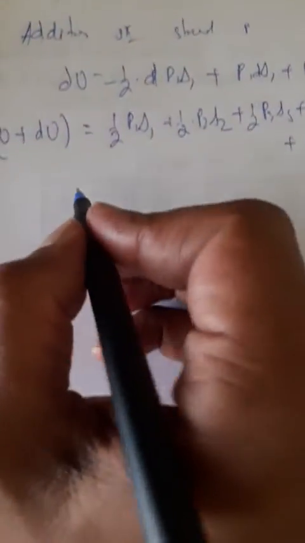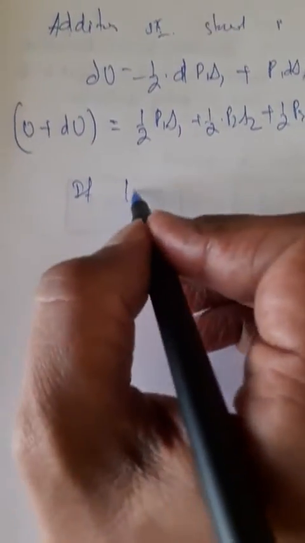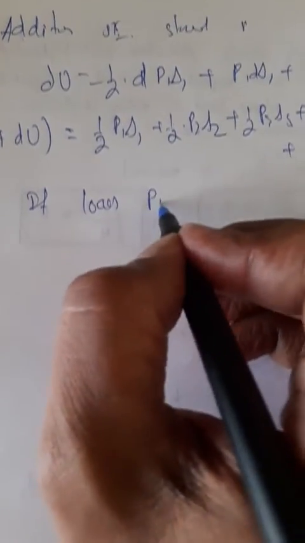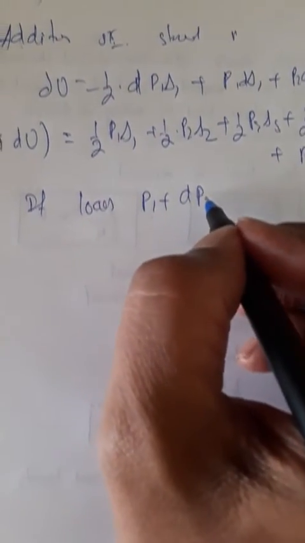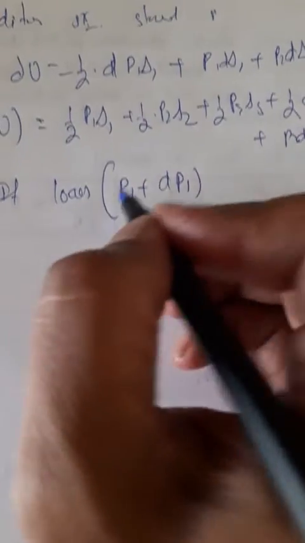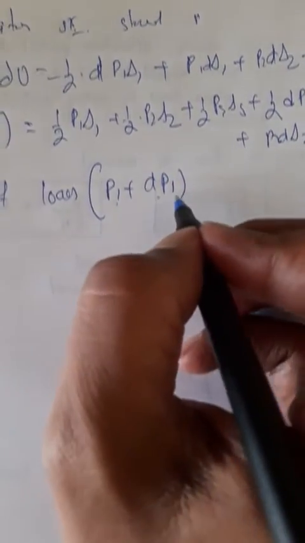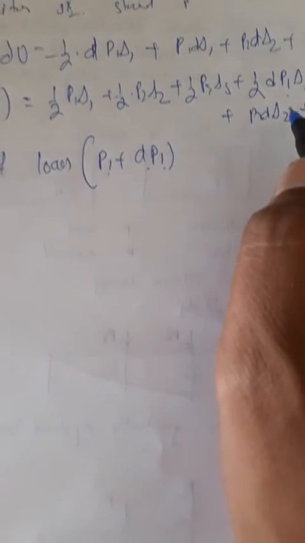Now, loads P1 plus d of P1 means P1 was the original load and d of P1 was the additional load which I applied.